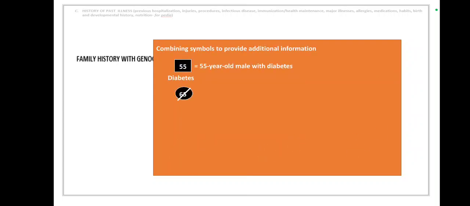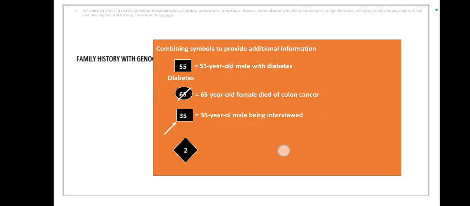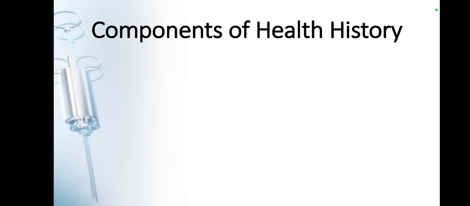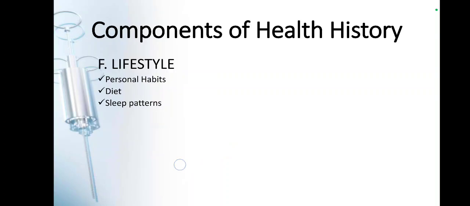Combining these symbols provides additional information such as a 55-year-old male with diabetes, a female, 65, who is dead right now, a 35-year-old being interviewed, and two unknown individuals. So you just use symbols to present the genogram of the patient.